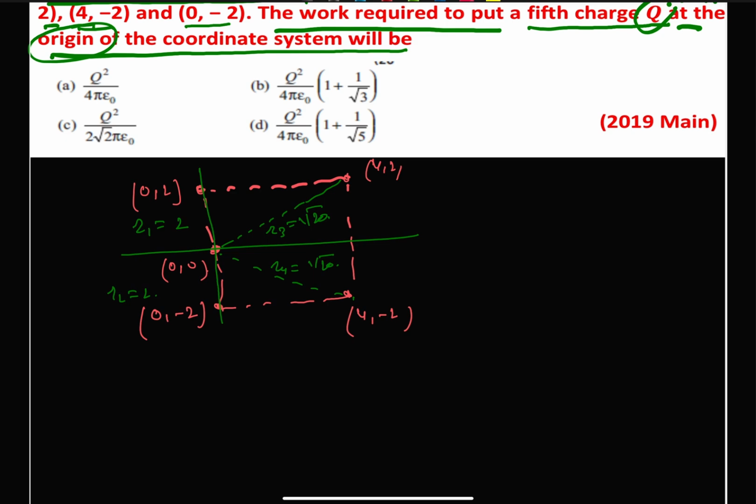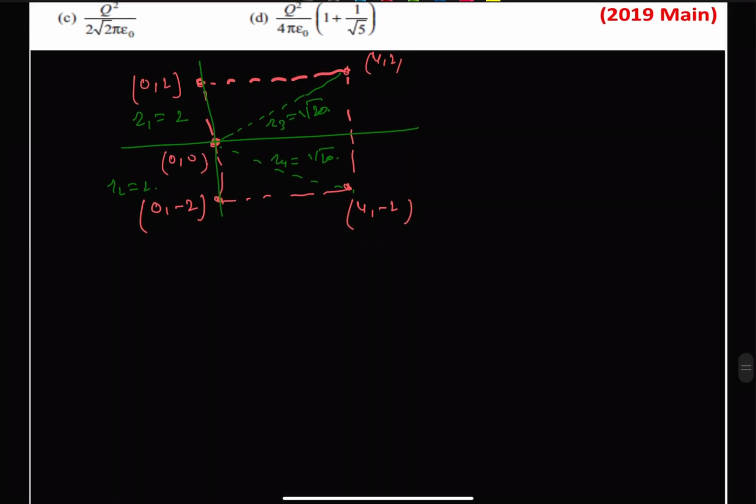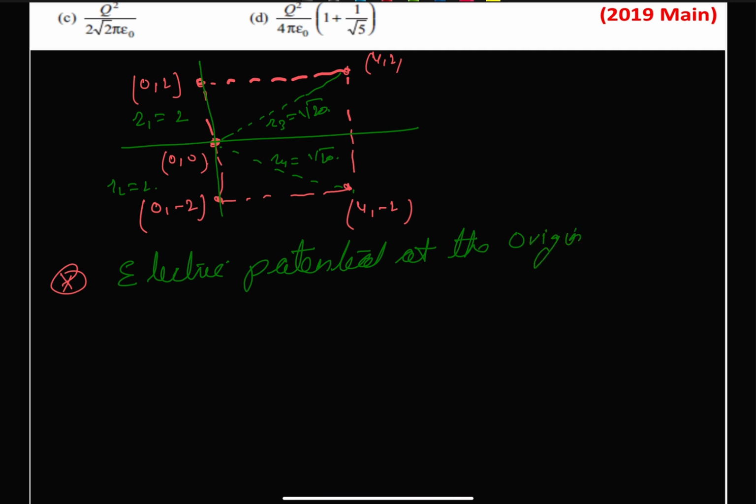So we say electric potential at the origin due to each charge.